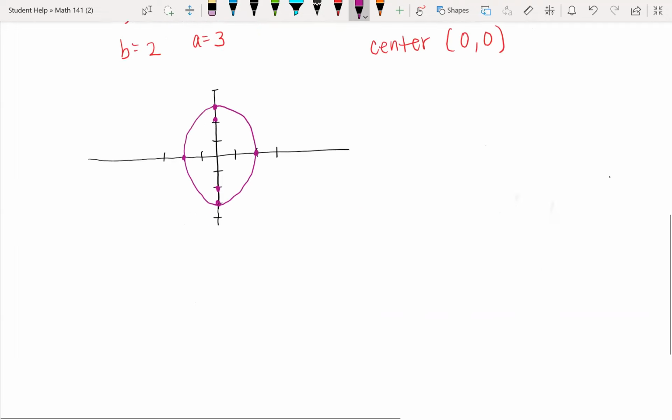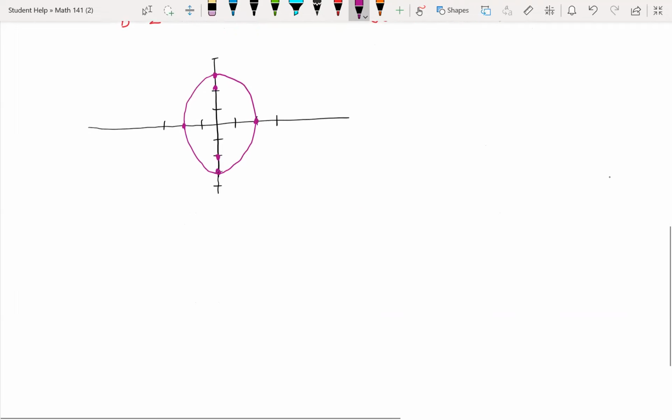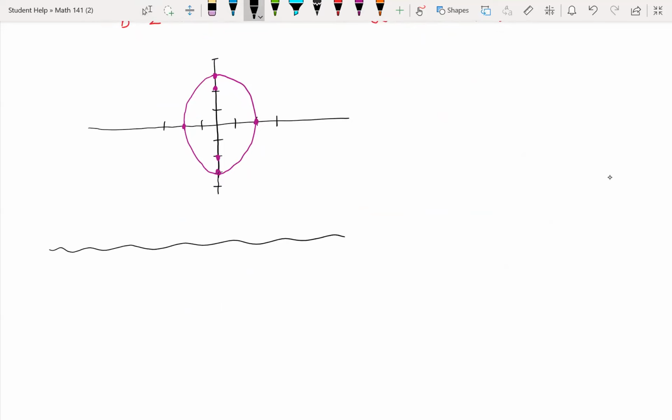Okay, let's look at another example, slightly different, a different way of giving you the problems. Let's suppose that we are given the vertices, negative 5, 0, and 5, 0.